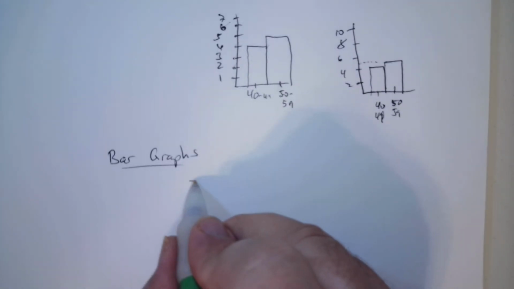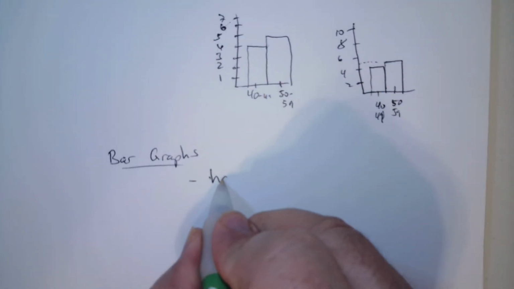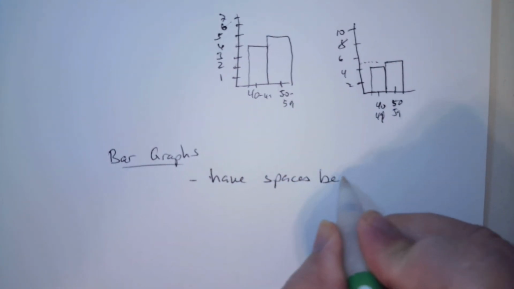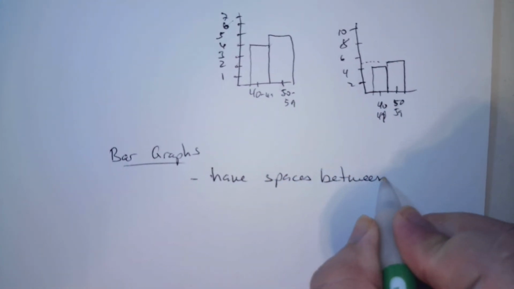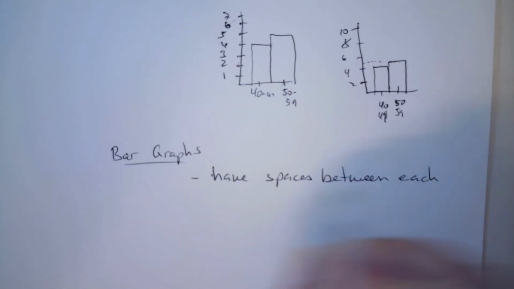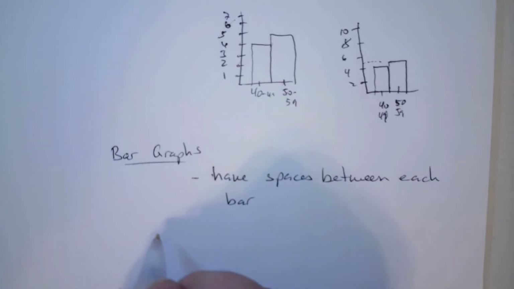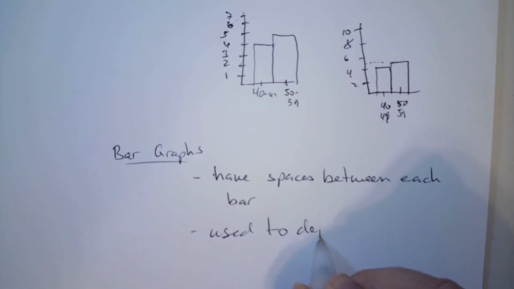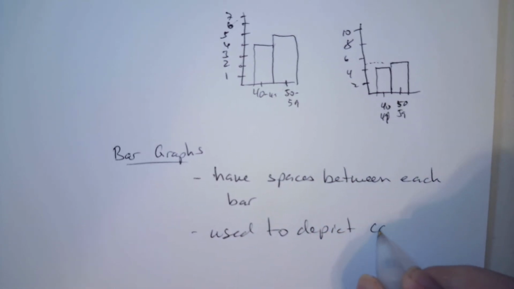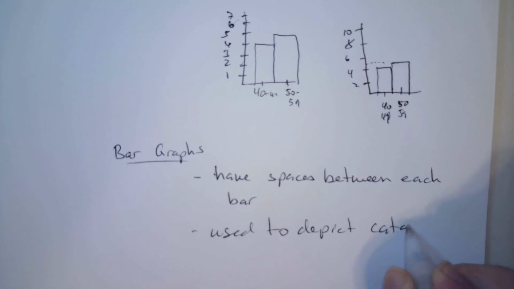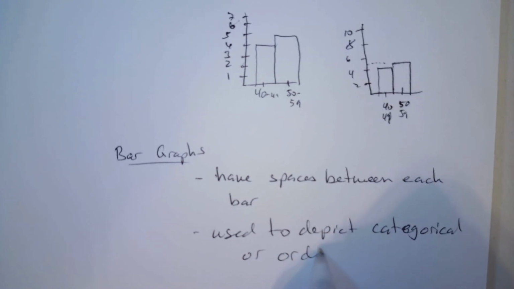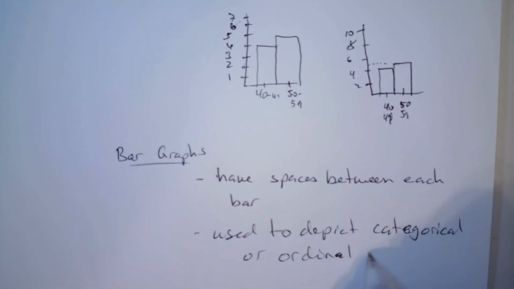Bar graphs have spaces between each bar. They're used to depict categorical or ordinal data.